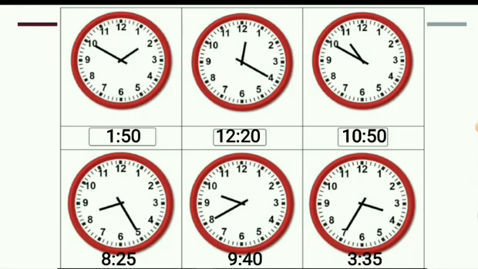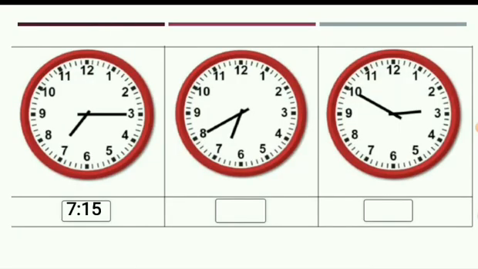So for example, in the first case, the minute hand is at 10, so 10 5s is 50. And if you see the hour hand, it has passed 1, it has not passed 2, so it is 1:50. Same way the remaining 3 also you can see. Just recheck and try to understand how it came.